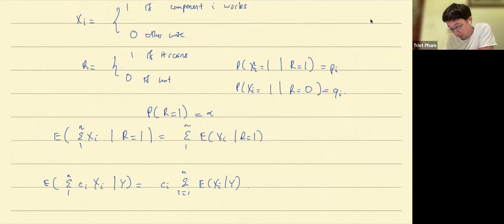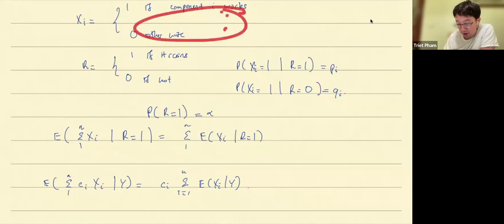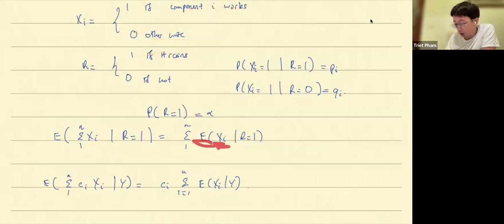Oh, I mean, well, okay. Let me say that it may change, but in this case, I hope it's clear that, being related to component i working in the rain, it should not change. What I'm trying to say is, conditioned on r equals 1, xi still takes value 1 or 0. Either it works or doesn't work when it rains.